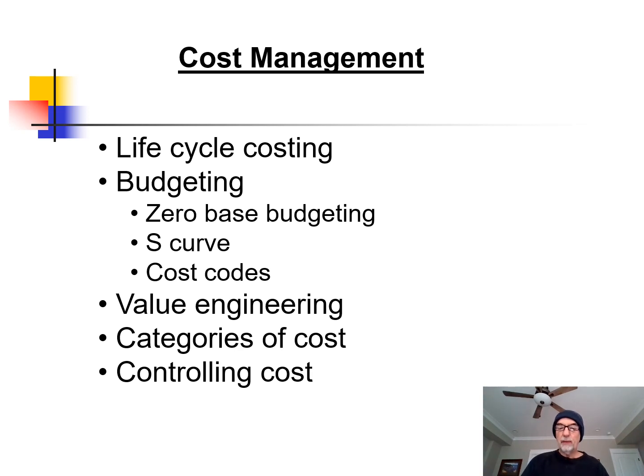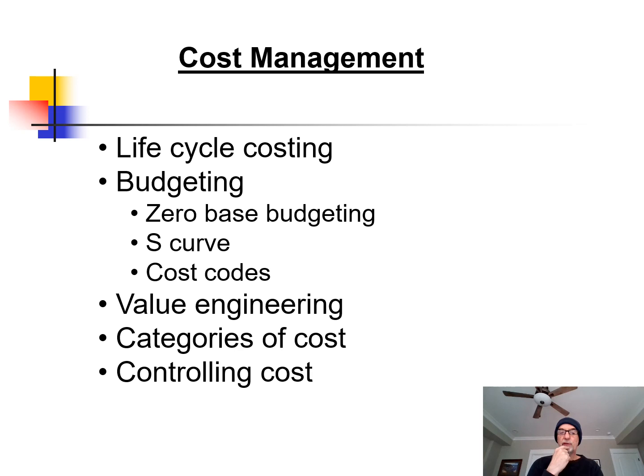Okay, so ultimately it comes down to money, and there's something called life cycle costing, which assigns cost to your project as it goes through time. You also should have a budget for your project where you can start with a zero-based budget, which is basically a blank sheet of paper and you build your cost from scratch for your project.